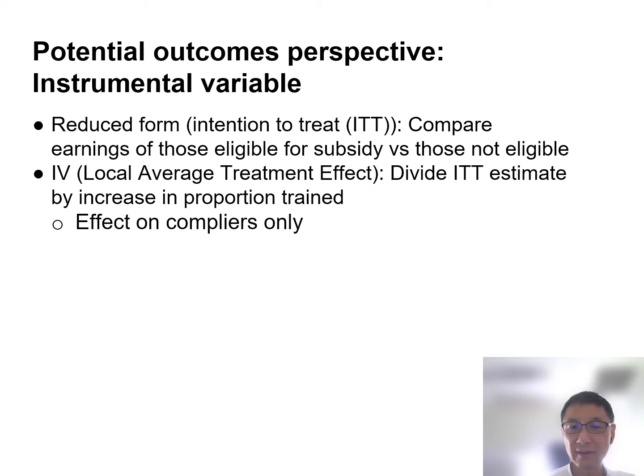We can do that by dividing the ITT estimate by the increase in the proportion of those who take the training. So equivalently, it's the effect on the compliers only. And if you go back to the previous slide, it's essentially comparing the two groups within the red box, the compliers in the control group versus the compliers in the treatment group.